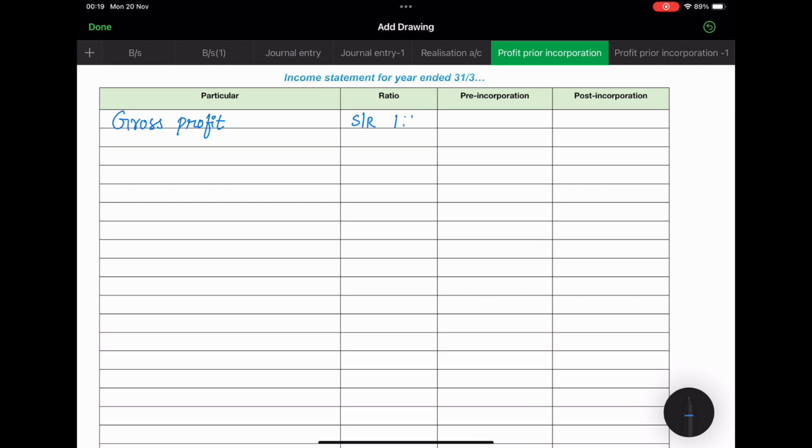So 98,000 into 1:6. So 98 into 1/7 is 14,000, and 98 into 6/7 will be 84,000.